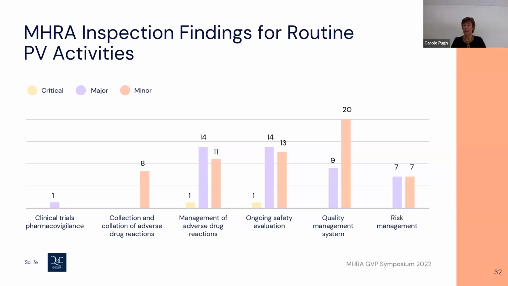So here, the quality management system, that does include the PSMF. So clearly, there's been a lot of at least minor comments in that area. And the risk management points there, where there's quite a lot of major points. That's often if a company has additional risk minimization activities.